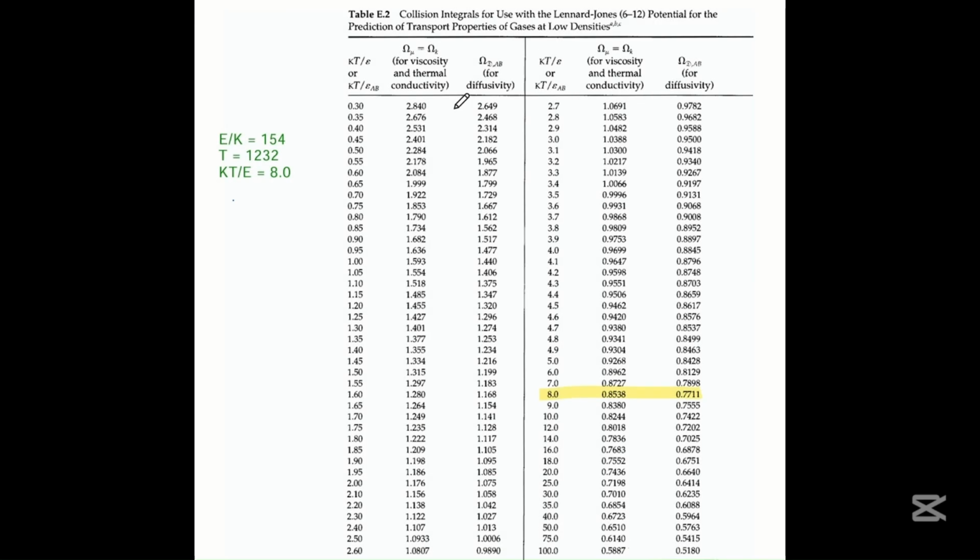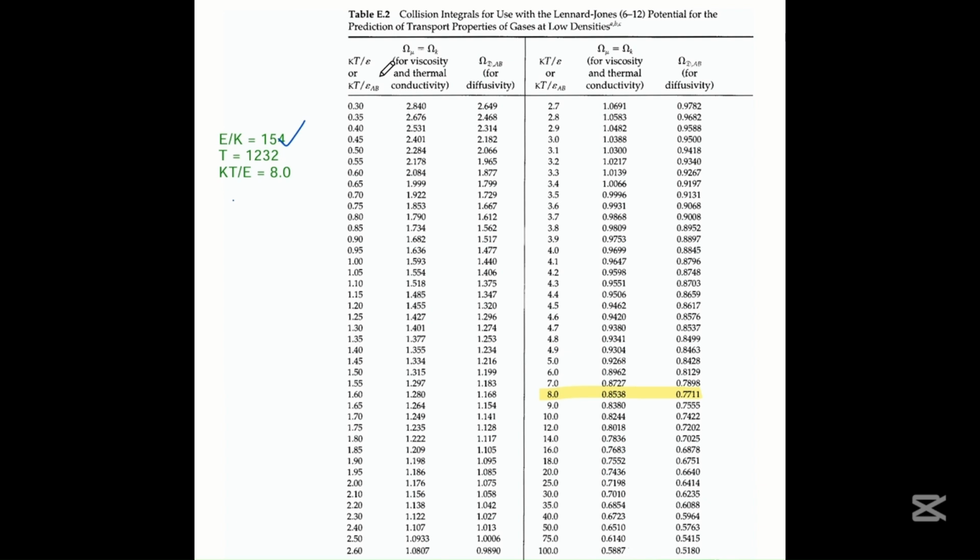Now we will use table E2 for determination of the collision integral for viscosity and thermal conductivity. From the previous table we obtained the epsilon by K value as 154, and in the question the temperature is given as 1232 Kelvin. So we calculated KT by epsilon as 8.